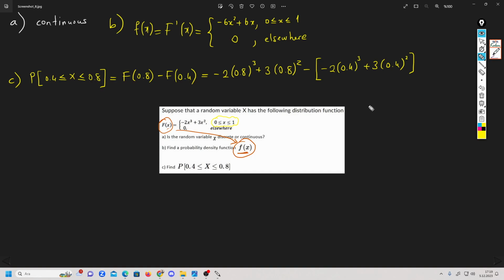Okay, I will use the computer here. So the result is 0.544.